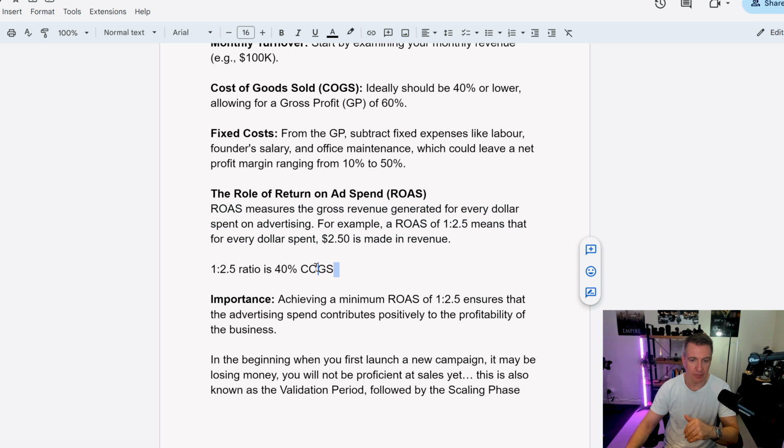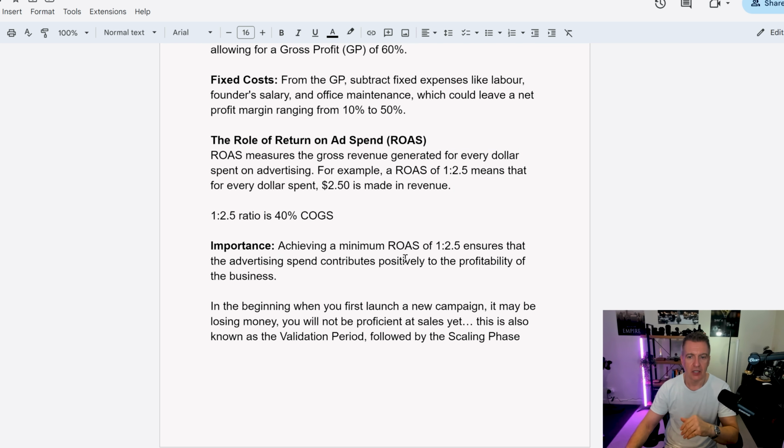That's the 1 to 2.5 ratio, which is 40% COGS. Now, you've got to get this at a minimum, in what I've found in working with thousands of business owners over all my years, to be profitable.